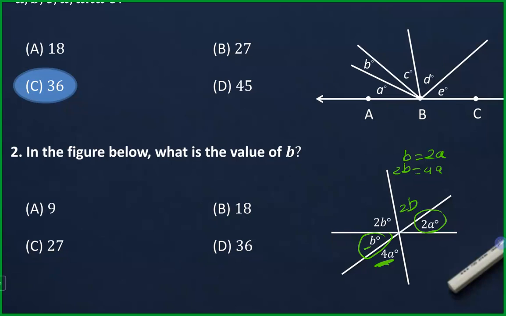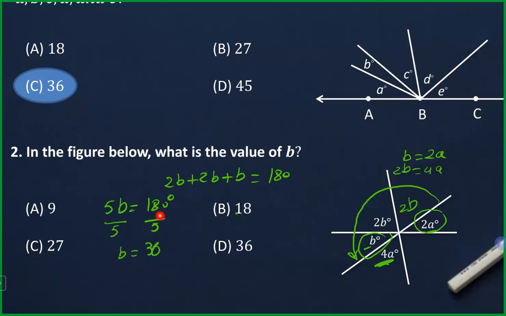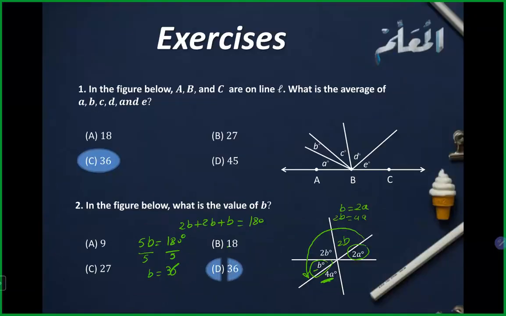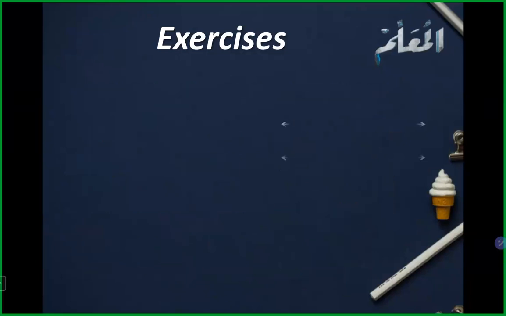We can say 2B plus 2B plus B is equal how much? 180. So 5B is equal 180, over 5, or shift solve, B is equal 36. Okay, that's one of the questions here. Fine, let's go for next.